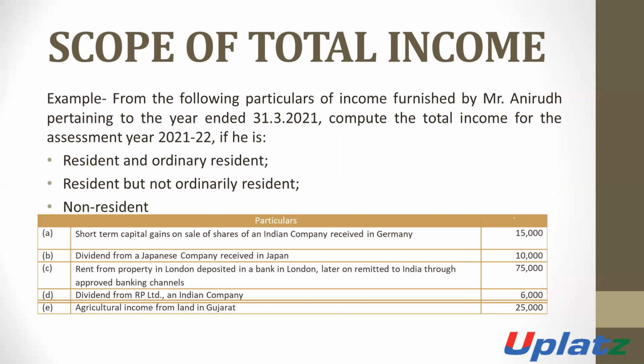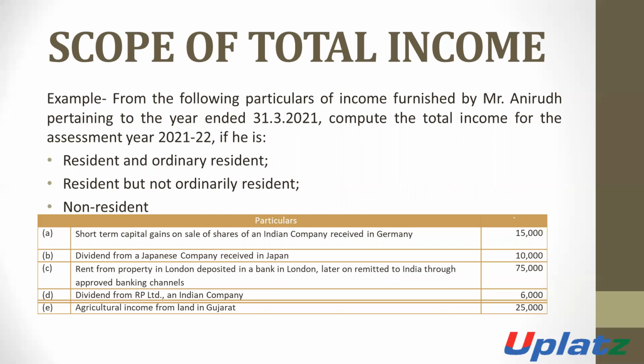Income: Short-term capital gain on the sale of shares of an Indian company, received in Germany, 15,000. Dividend from a Japanese company, received in Japan.